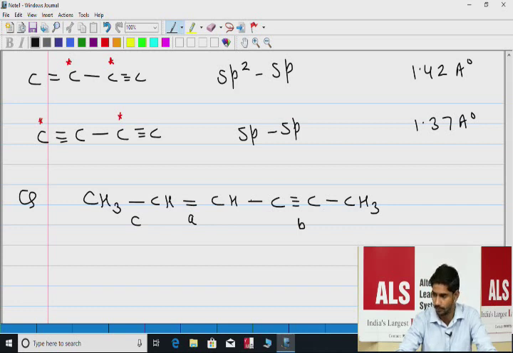Arrange the following in the order of increasing bond lengths. Okay. We have got one answer. Kohima, tell me the answer.